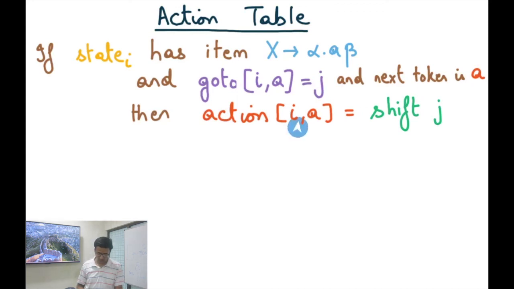So action I A says that if I'm in state I of the automaton and the next token is an A, then I should just shift J.